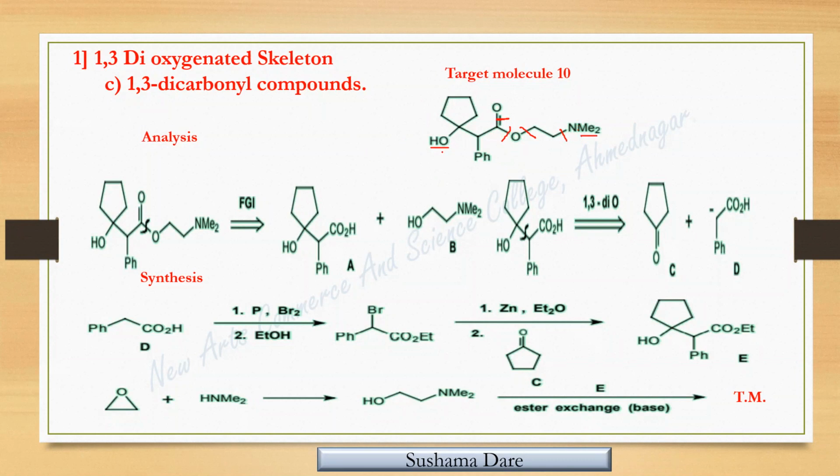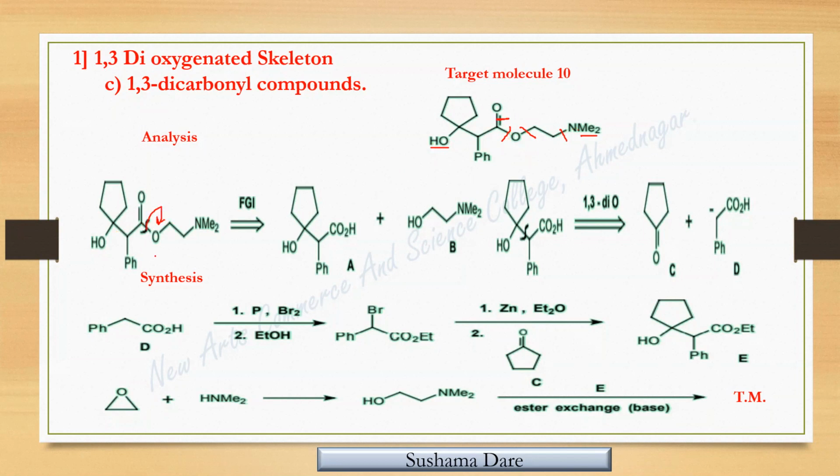So how many different types of disconnection? That is, different types of functional group: hydroxy, carbonyl, carbon oxygen, and carbon nitrogen. Among that, the first preference is given to what? I already discussed that. Whenever a carbon heteroatom link is there, you always concentrate on it first. First of all, focus on the carbon oxygen disconnection. You can see in the analysis that this bond we have to disconnect in the direction of oxygen.